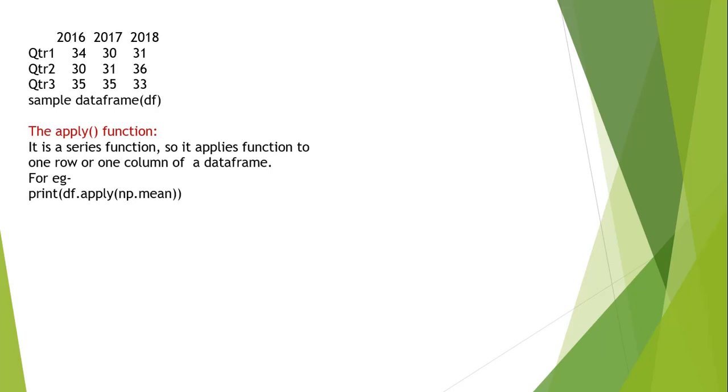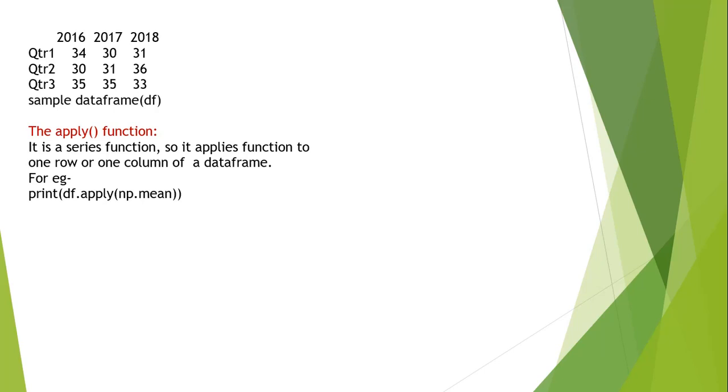Now we should talk about the apply function. This apply function is a series function. As we have discussed earlier, data frame operations can be performed on the whole data frame, or on a particular set of columns, a particular set of rows, or on the elements. We have also discussed that the pipe function was operating on the whole data frame.